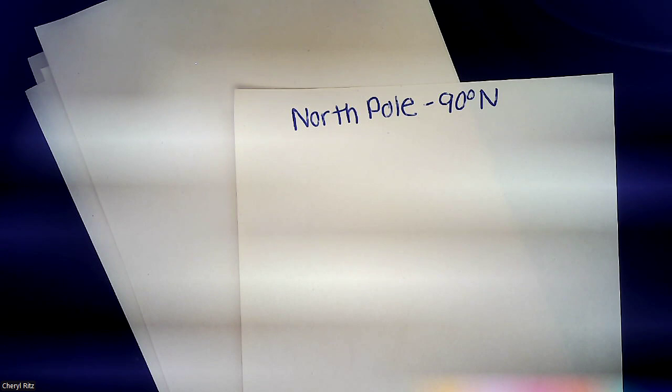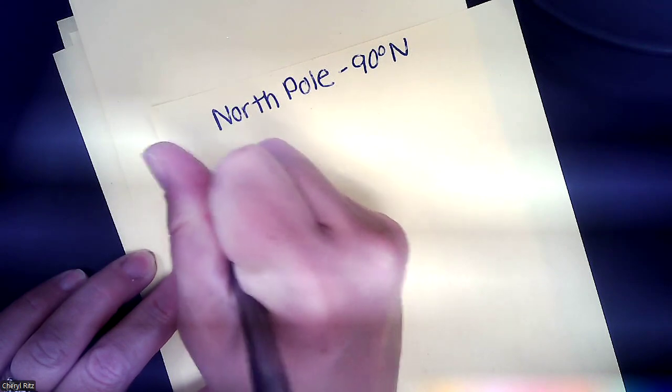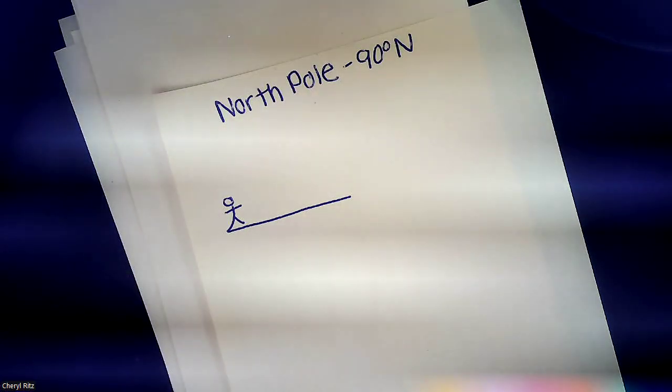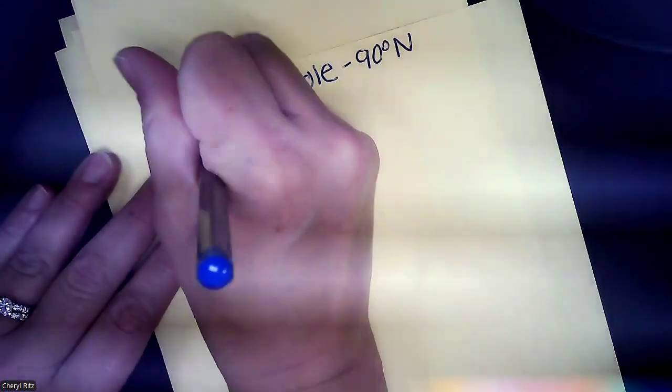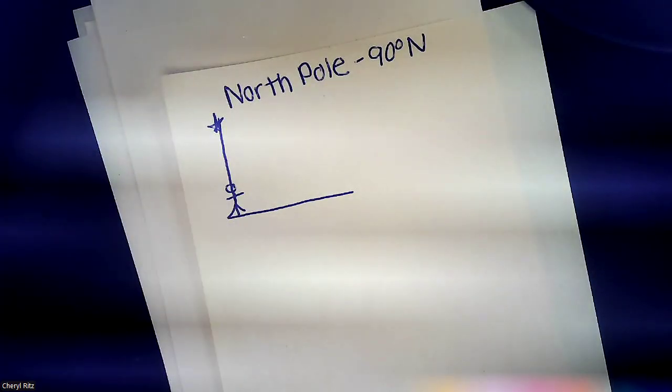Santa Claus standing at the North Pole, which by the way is right here. Where does Santa Claus have to look to see the North Star? Straight up. So if this was the ground and this is Santa Claus, you guys just said straight up. You are correct. Santa Claus has to look straight up to see the North Star.